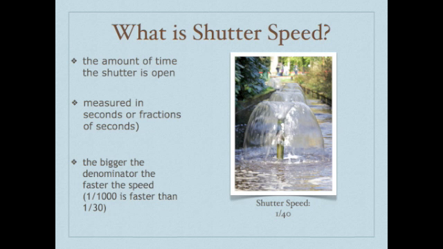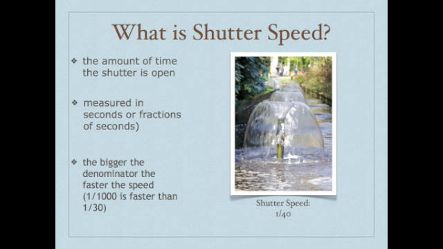So it's the amount of time that our shutter is open. Shutter speed is measured in seconds or fractions of seconds, and the bigger the denominator, the bottom number of the fraction, the faster the speed. So for example, 1/1000th of a second is way faster than 1/30th of a second.